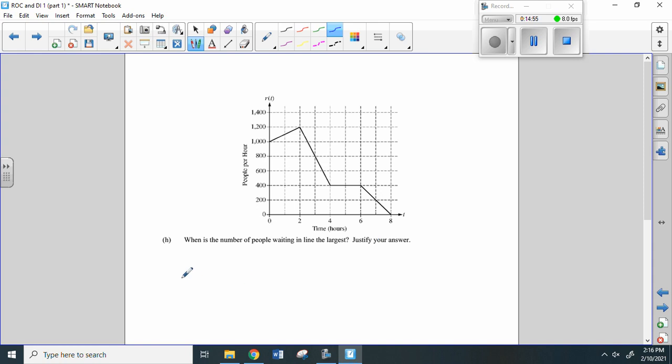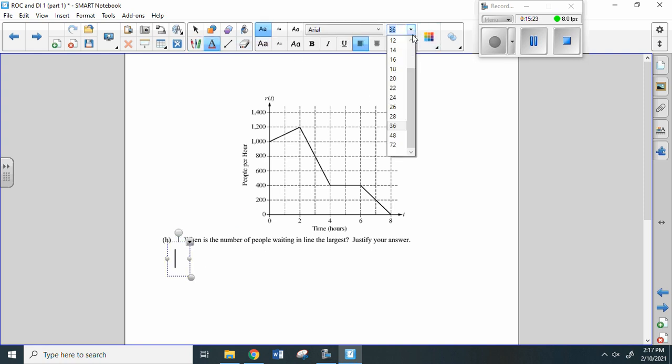Okay, and so we know that the number of people waiting in line will be the largest when the rate of change of the number of people waiting in line is 0 and changes sign from positive to negative. Okay, so let me write that down. Like I said, I can type it faster than I can write it.